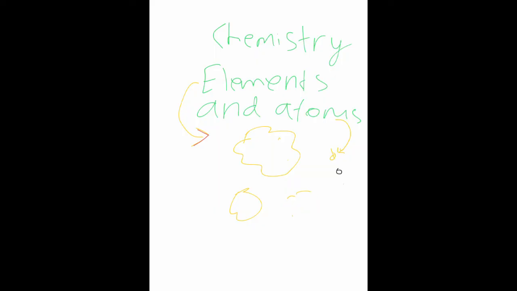I can show you an example of what an atom will look like in different cases. But first I have to introduce you to some keywords: the proton, neutron, and electron.